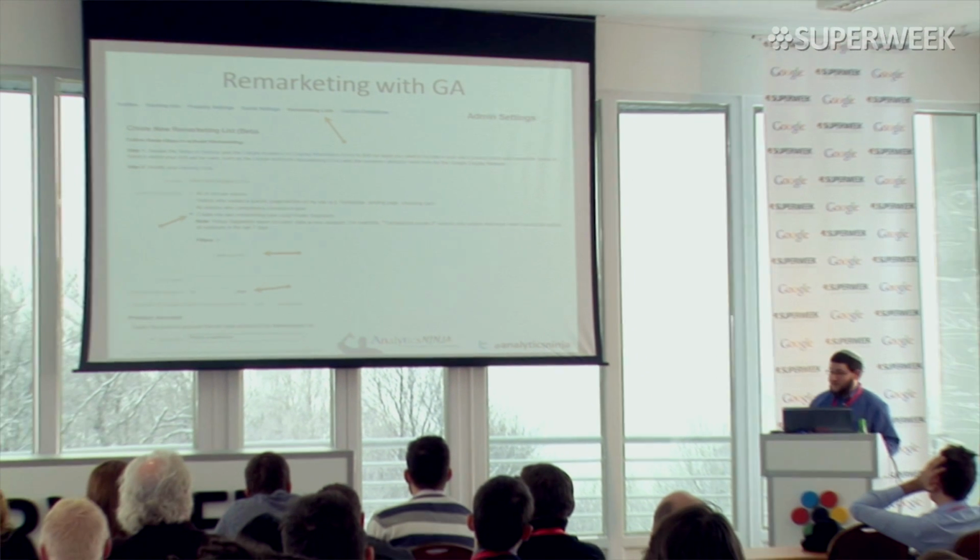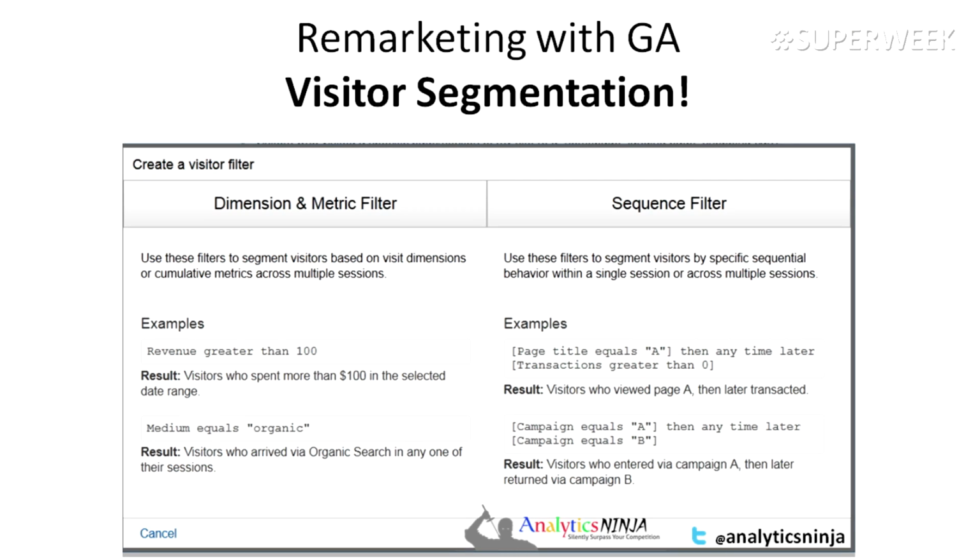This is how you create it. You can get the slide from me later. But it's really exciting, the fact that we're going to be able to create user segments. This is an example of how you could use it to retarget your visitors, as opposed to what we're going to see hopefully in 2013, where we can create these segments directly in Google Analytics ourselves.